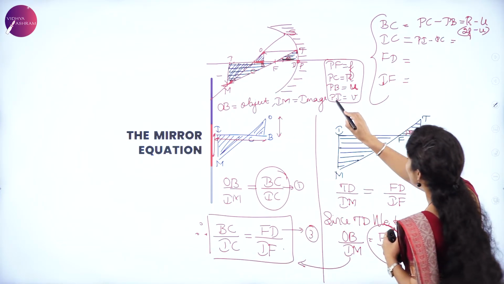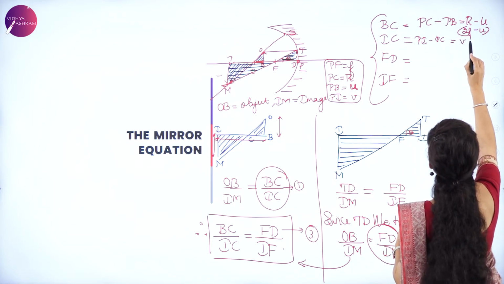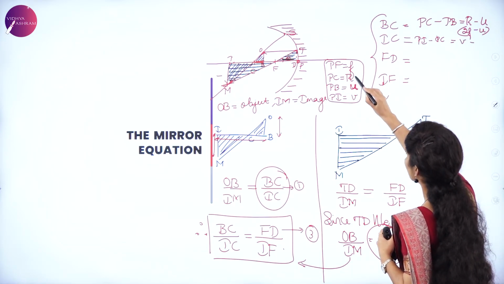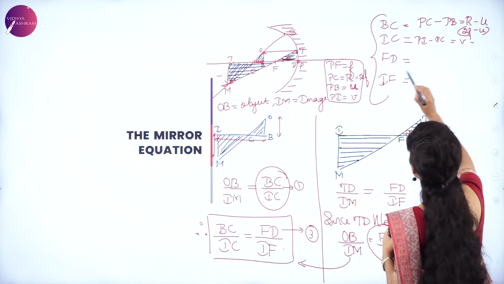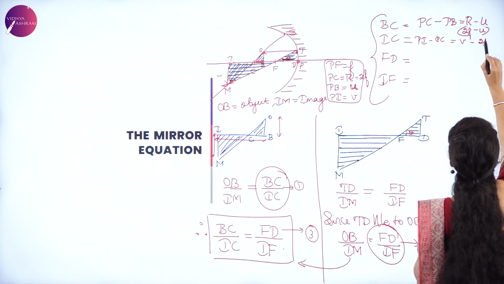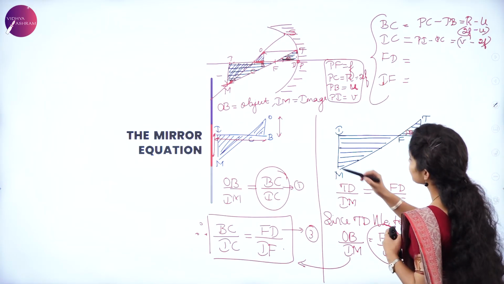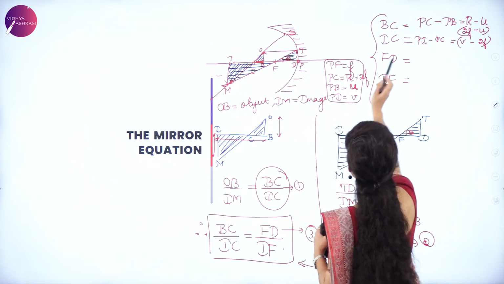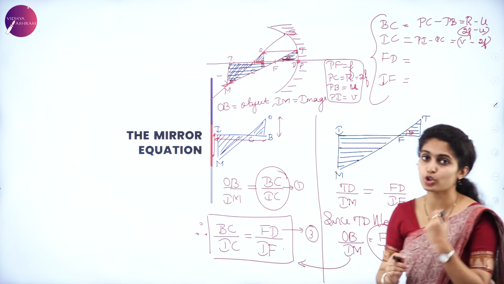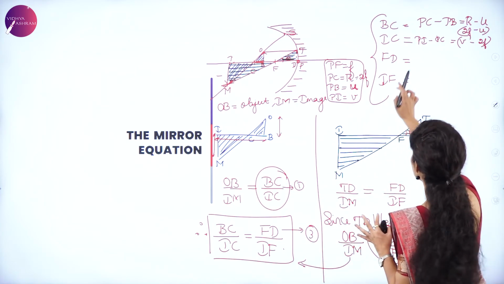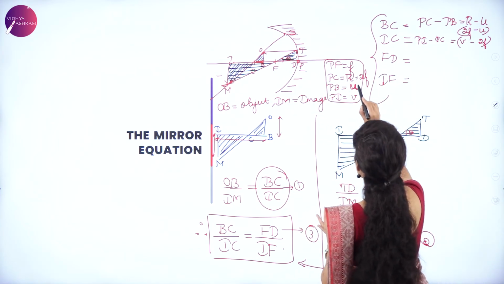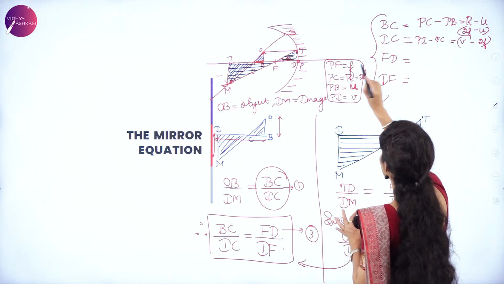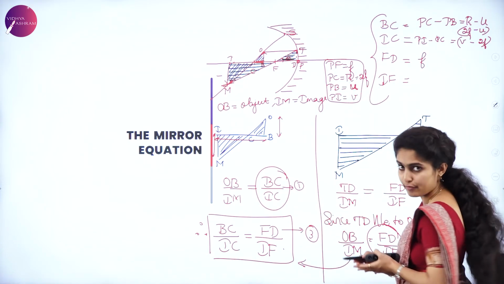It is V. PI is V, minus PC is R. I can take it also as 2F. Next is DF or FD, which also can be called as PF, because D is very much closer to P. So PF or DF is a focal length. I can write only F.